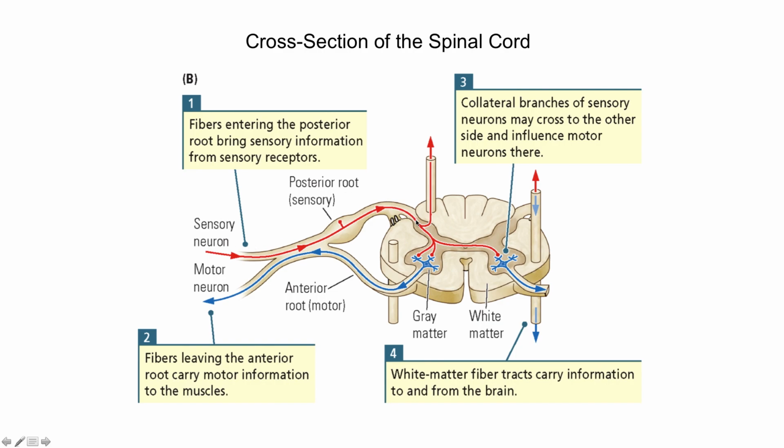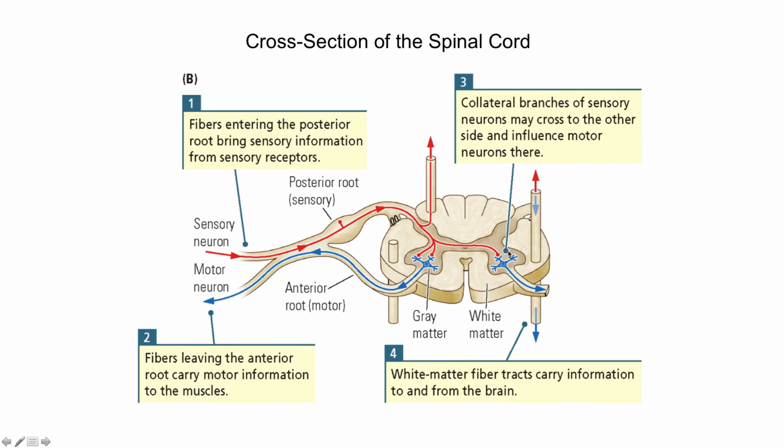And then some of this information will go up. It will go to either other segments of the spinal cord or all the way to the brain. And some of it connects to the front, to where the motor neurons start. And some of it crosses over to the other side. So collateral branches of sensory information may cross to the other side and influence motor neurons here.